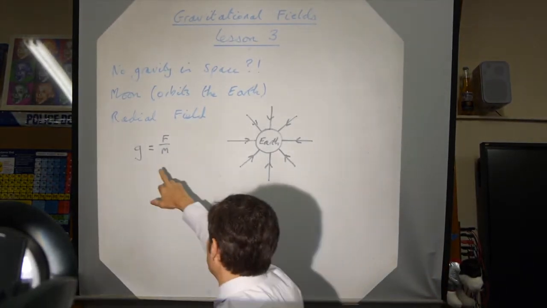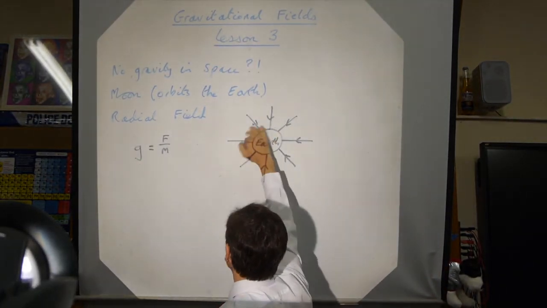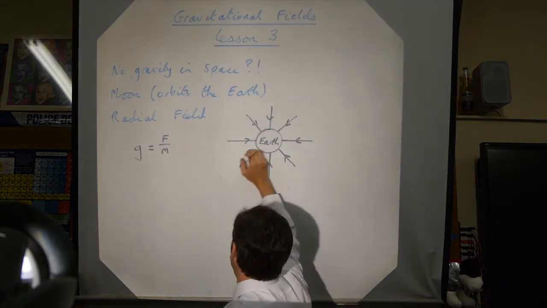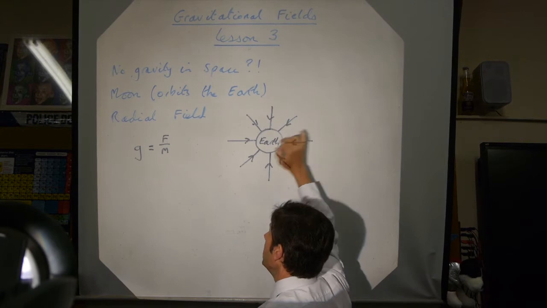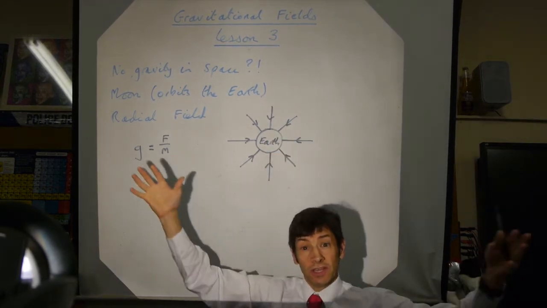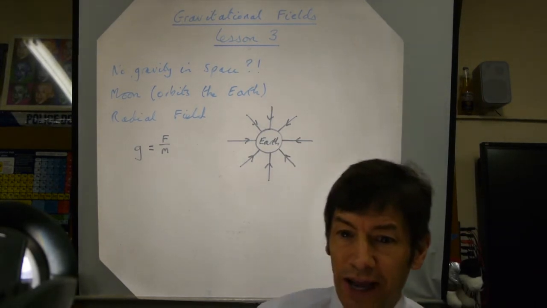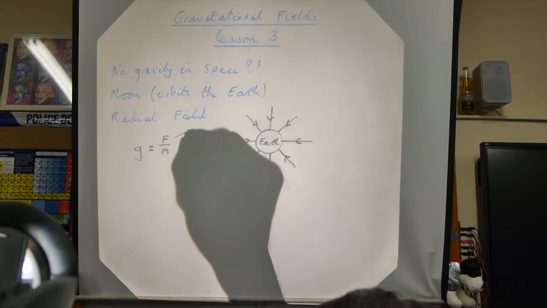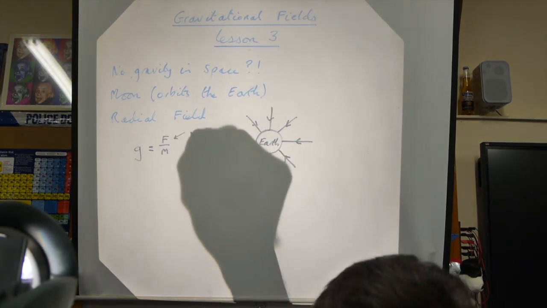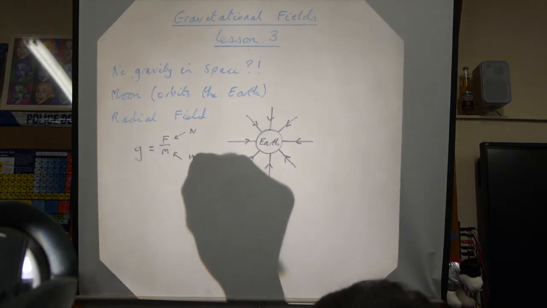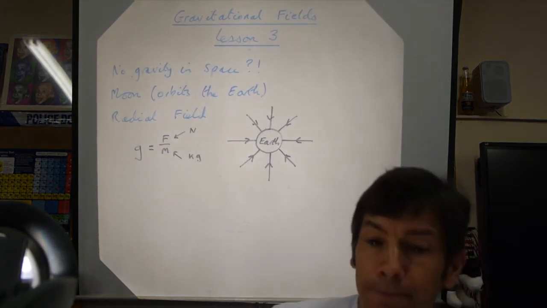Now at GCSE we give that a fixed value on the surface of the Earth, but at A level the force per unit mass varies as we go further away. The mass stays the same, but the force gets weaker due to the field lines spreading out. Okay, and we also know that in SI units it's the force, or the newtons per kilogram.